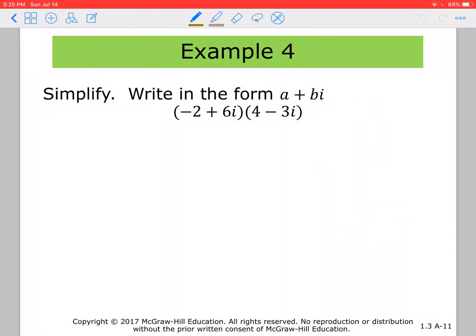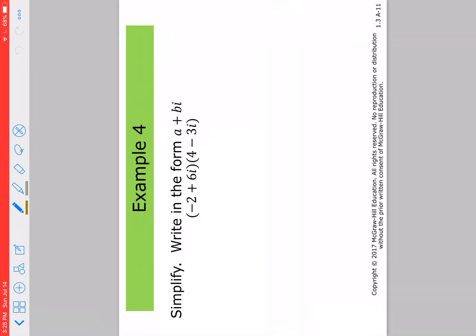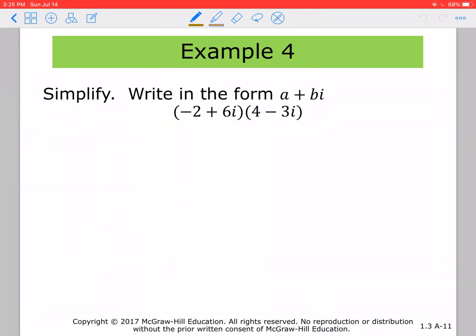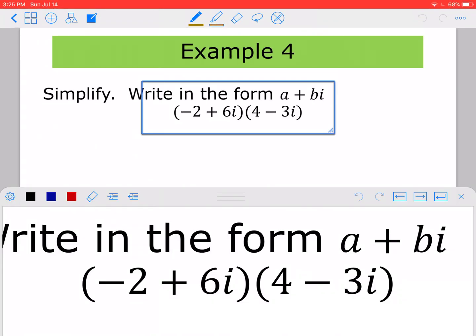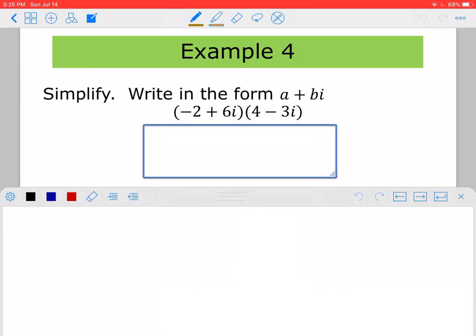Outer is negative 2 times negative 3i, so that's plus 6i. Inner, 6i times 4, that's plus 24i. And then 6i times negative 3i is negative 18i squared, because i times i is i squared.